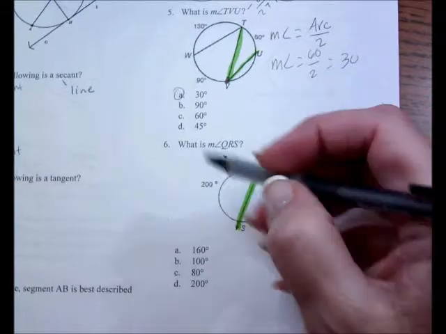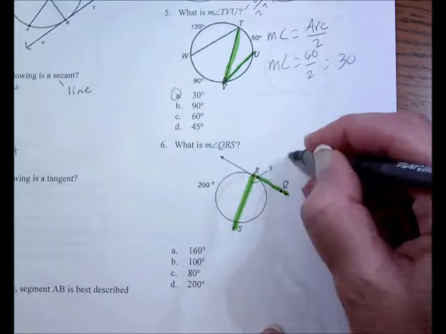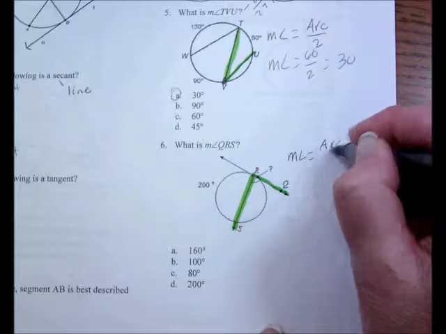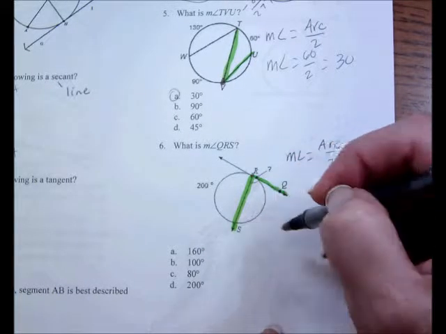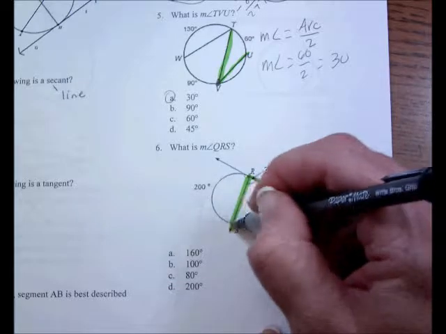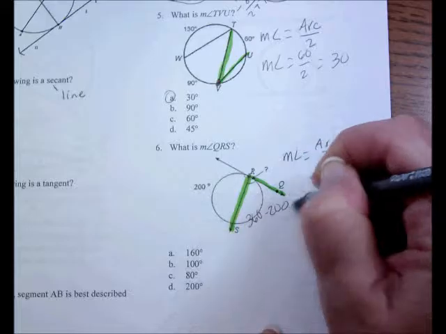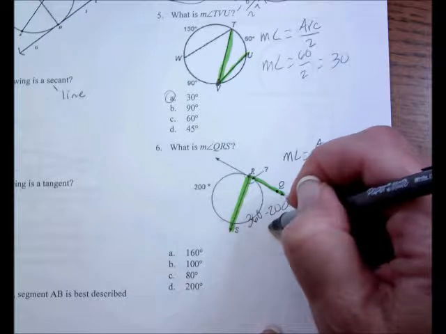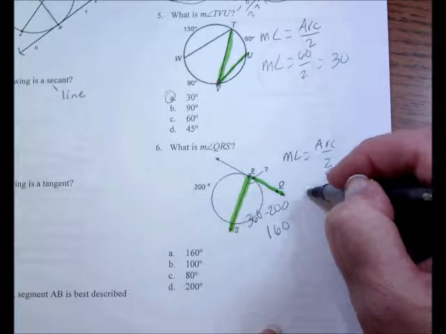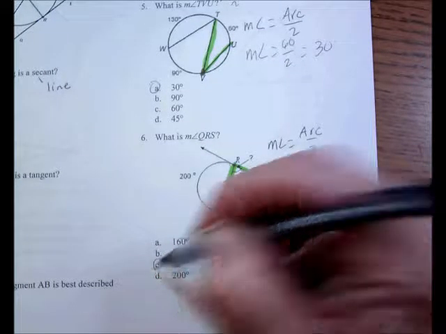I highlighted that, and I realized the vertex is on the circle, so it's the intercepted arc divided by 2. I don't know that, but I know the other major arc is 200, so I take 360 minus that, and I'm left with 160 degrees, so the measure of the angle is equal to 160 divided by 2, which is 80.